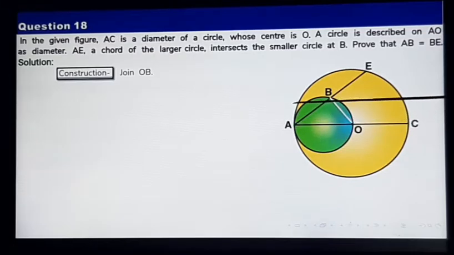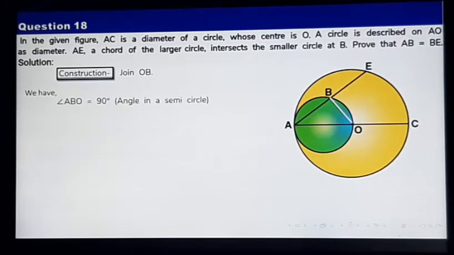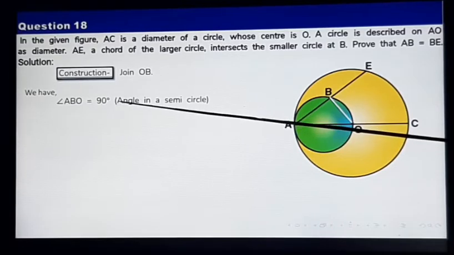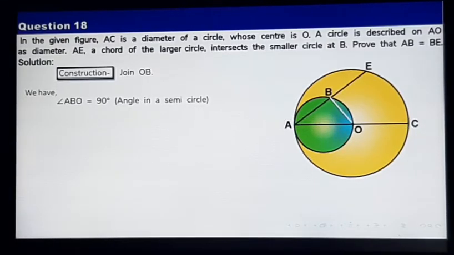That means in this semicircle we must have this angle to be 90 degrees. So we have angle ABO equal to 90 degrees, because it is the angle in a semicircle. So can I say OB is perpendicular to AE?